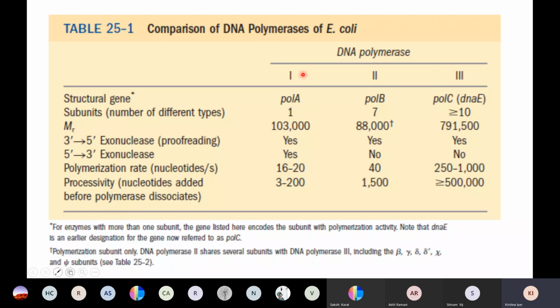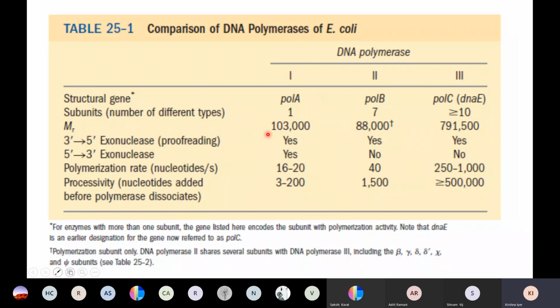And as soon as this one was discovered, people started getting very excited. Okay, yeah, we found the enzyme which is supposed to be the one doing DNA replication, and they started studying it, and they found that it has all the things that are needed for it to replicate DNA. Okay, it is a big protein.